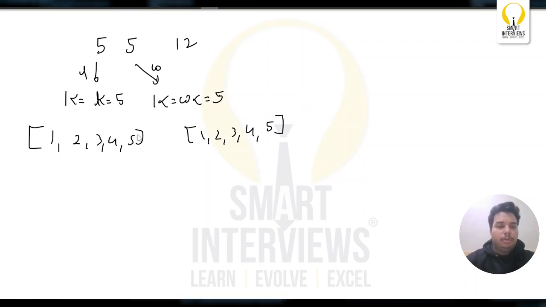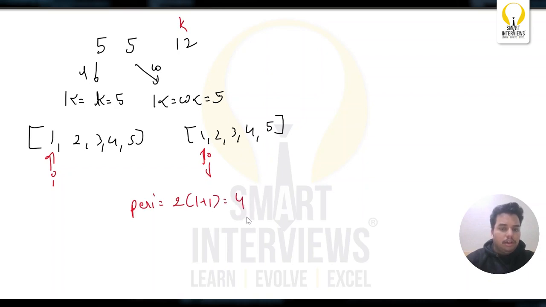But we want the optimal value such that the difference is minimum between the perimeter and the value k. So you have 2 pointers i and j. You'll pick one from here and one from here. You'll get the perimeter as 2 into 1 plus 1, which is 4.